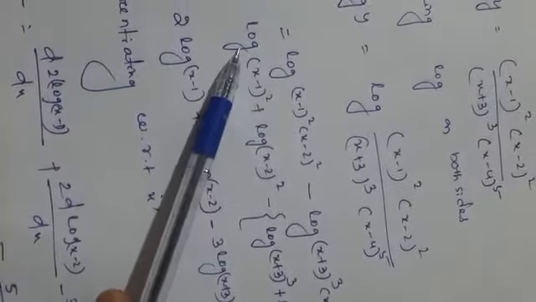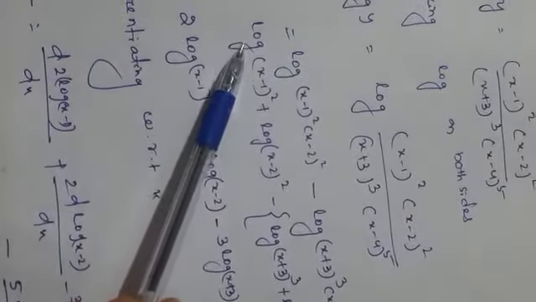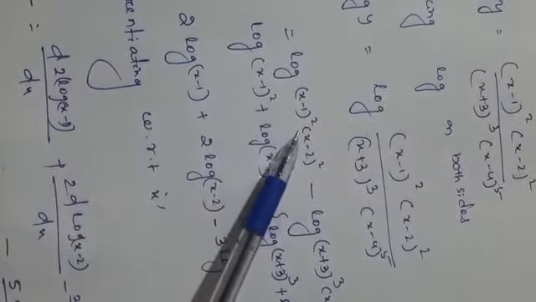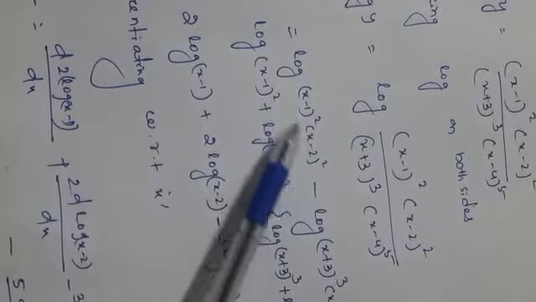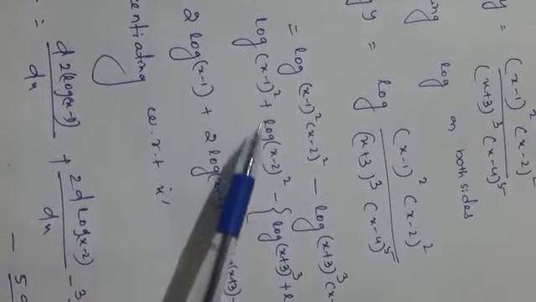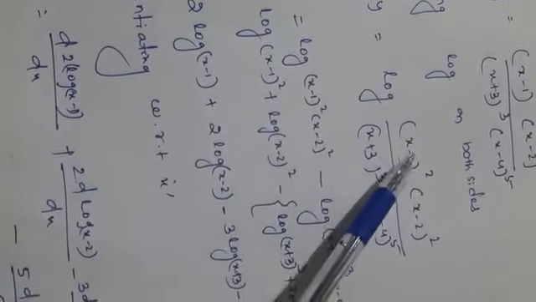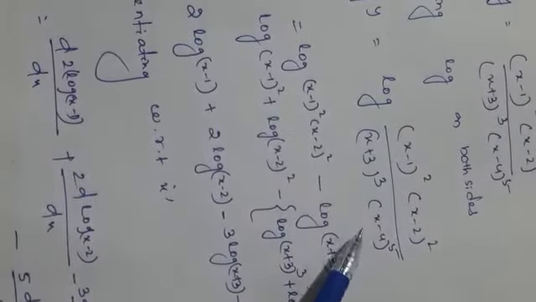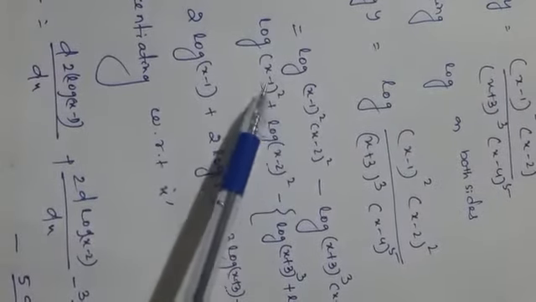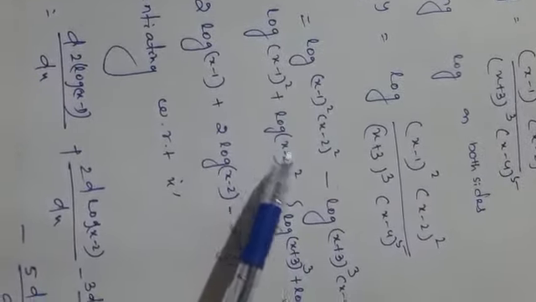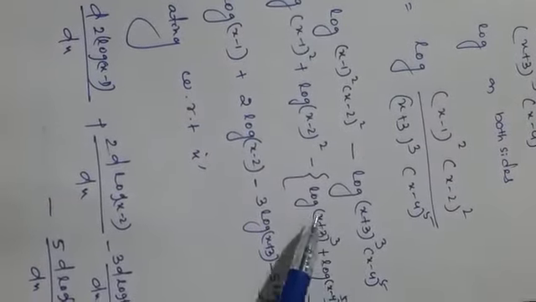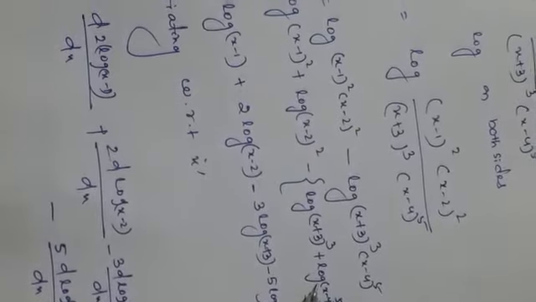Now see, look at the individual parts. Log of x minus 1 whole square into x minus 2 whole square, log m into n, so log m plus log n. First, log m divided by n, so it is log m minus log n. Then log mn is log m plus log n. Then minus, here also the same thing, log mn is log m plus log n.